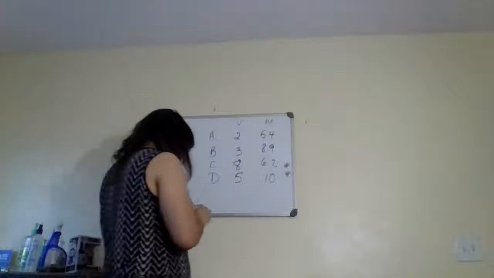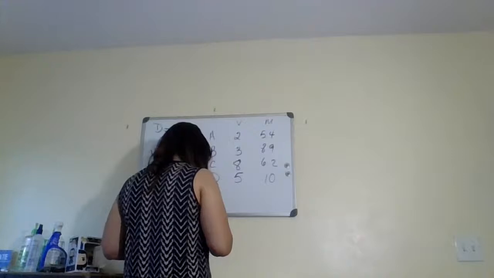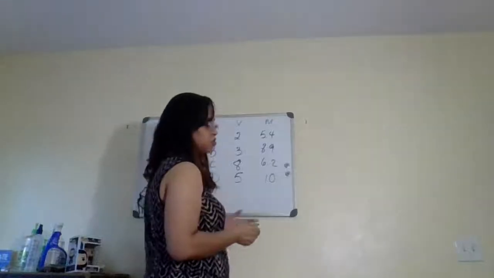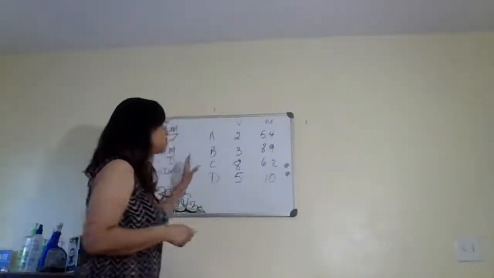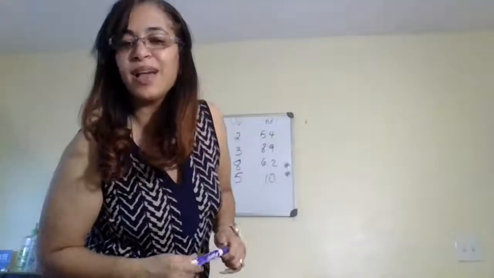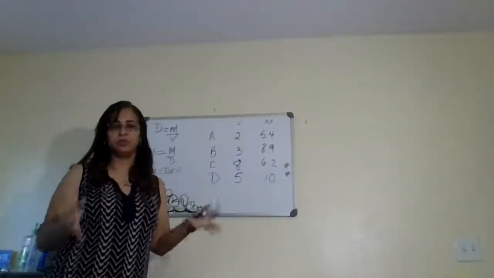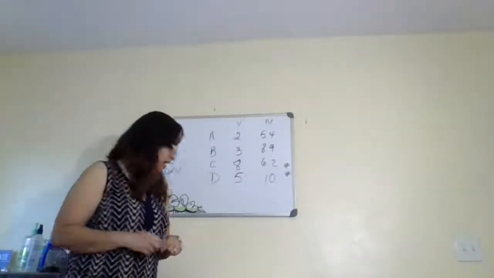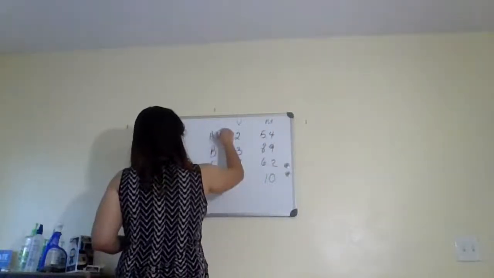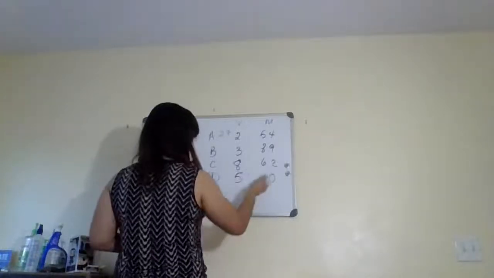So the question says you're trying to identify a type of metal, and you have the mass and the volume of each. So these are your metals. Which one of these metals could possibly be aluminum? Well, if you do the math for all of these, 5.4 divided by 2 is 2.7. 10 divided by 5 is 2.